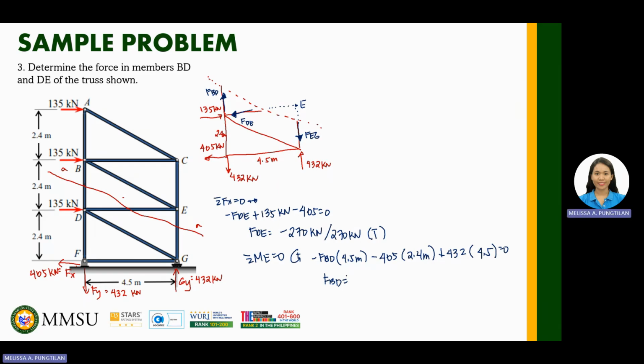So, FBD is equal to 216 kilonewton. Okay, tama yung assumptions natin dito sa part nito. So, positive 216 kilonewton in tension. FBD is equal to 216 kilonewton in tension. Okay, so we are done with the unknowns. Ito yung magiging final answer natin, FBD and FDE.